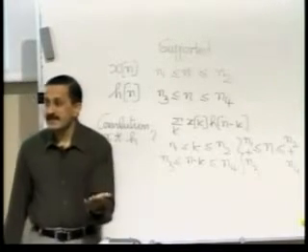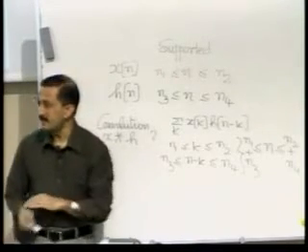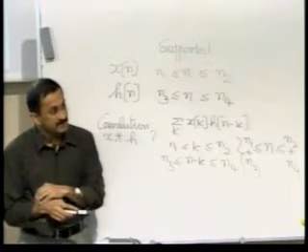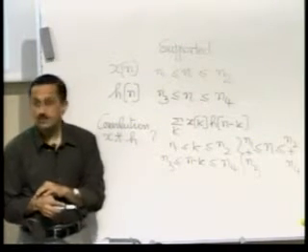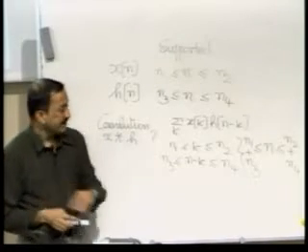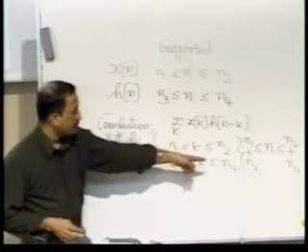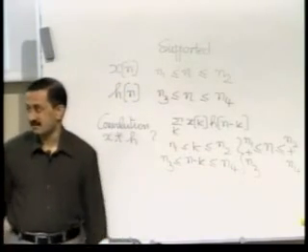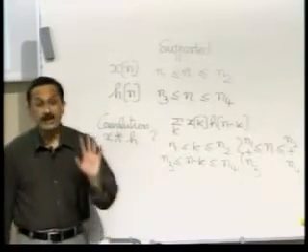So, as a particular example, we look at the previous case that we discussed. The previous two sequences had respective supports from 0 to 4 and 0 to 2, and therefore the output was supported from 0 plus 0, that's 0, to 4 plus 2, that's 6. And what about lengths?